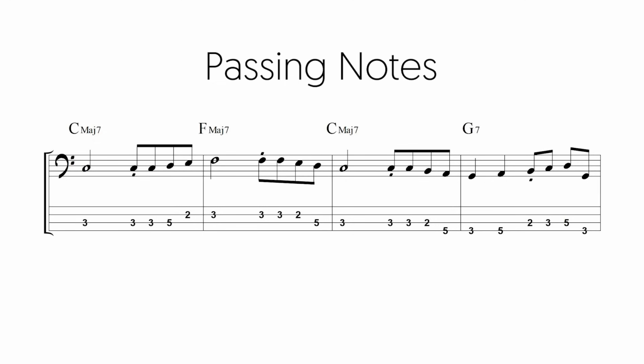And then we come down again after we've hit the F. Then again hit the C, and then we use passing notes leading down through the scale, landing on the G, and then we have a rise up through that C major scale on that G7. Then we've got the 3rd, 4th, 5th, and then the root note leading us back into the C.